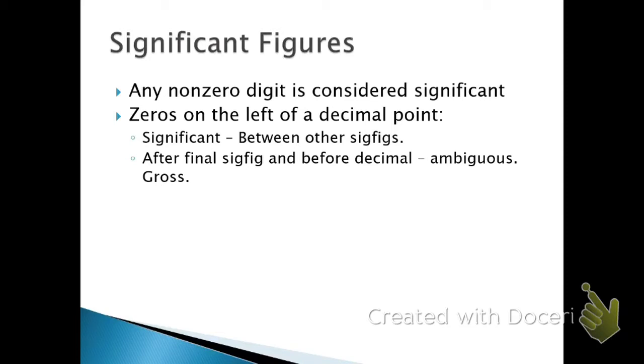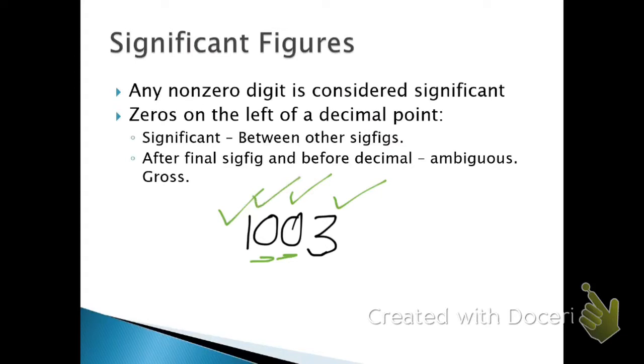So for example, the number 1003. My 1 is significant in that it is a 1. My 3 is significant in that it is a 3. My 2 zeros are now wedged in between these other two significant figures, so they therefore are both also significant figures. So this would have 4 sigfigs.